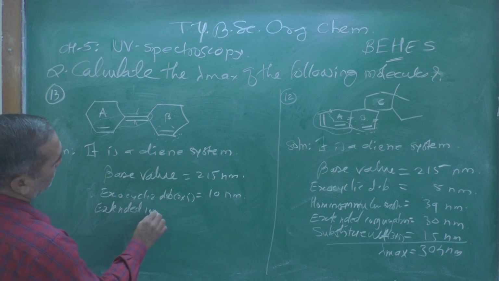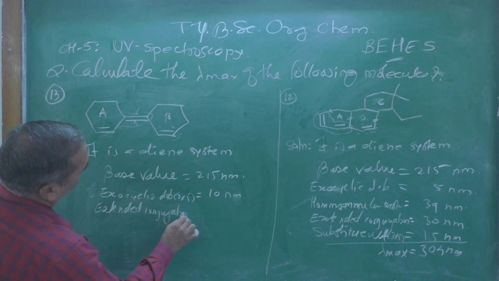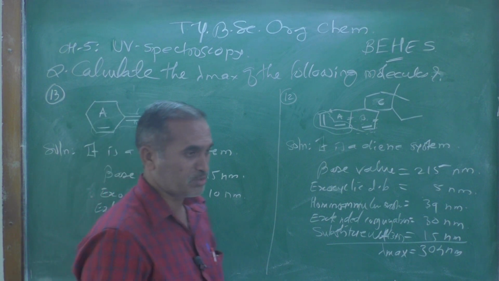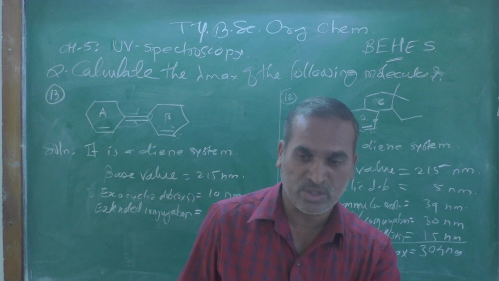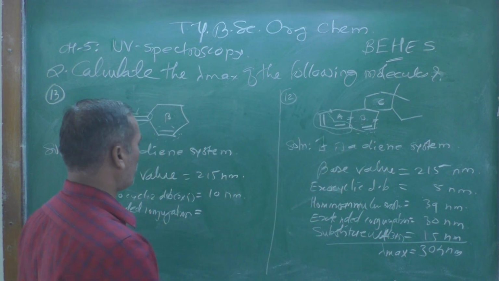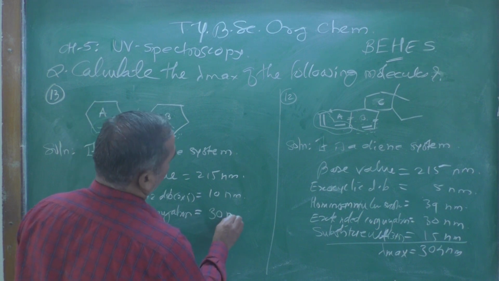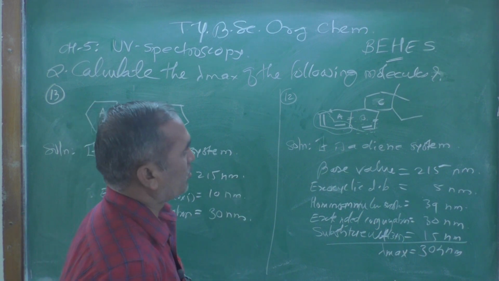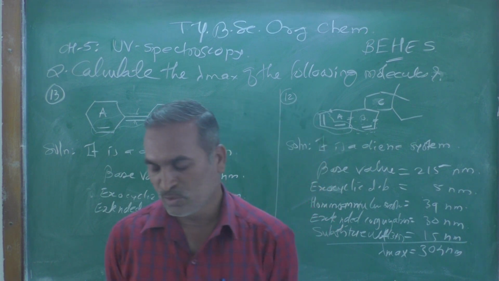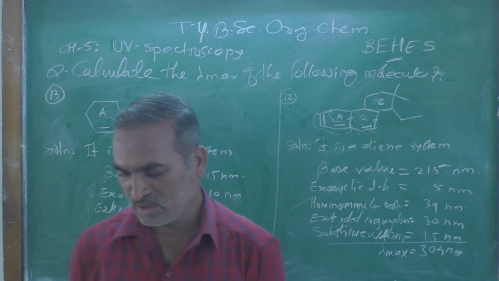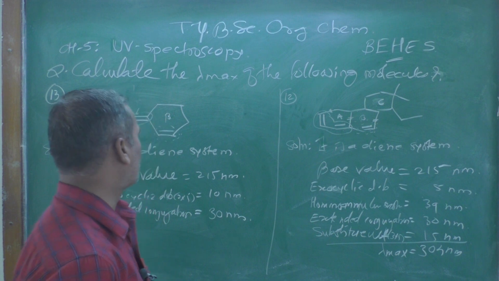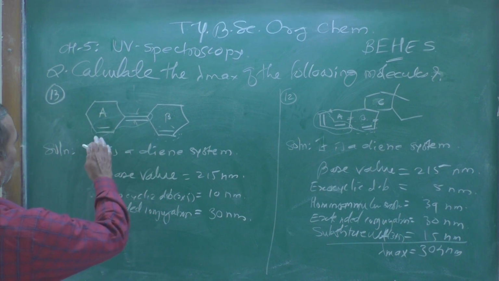Extended conjugation, and we know that it has a definite value and it should be 30 nanometer, right? And now substituents, and we know how to count the substituents, right? Look here.